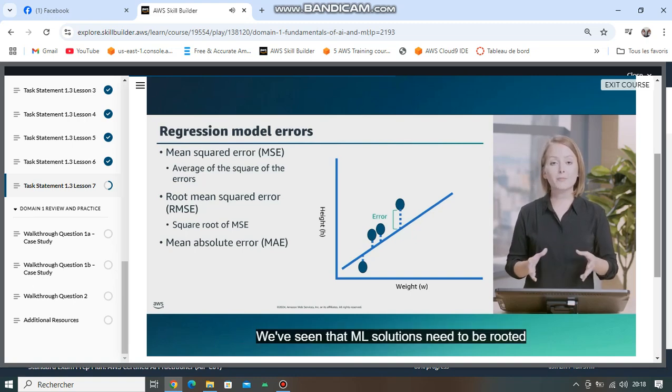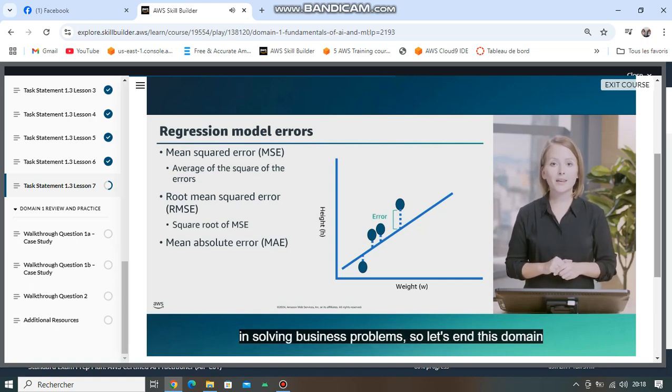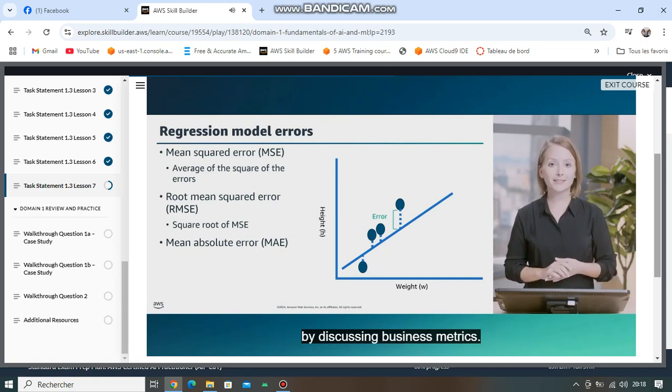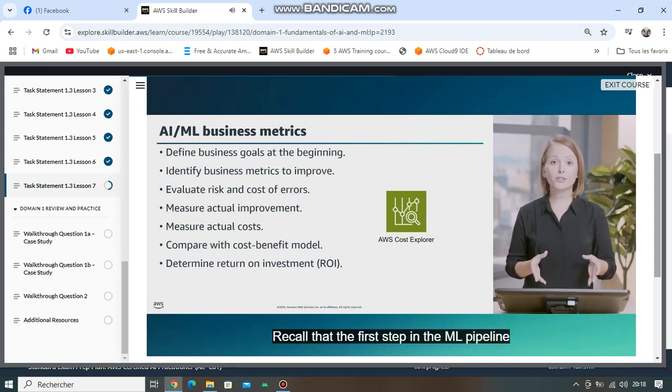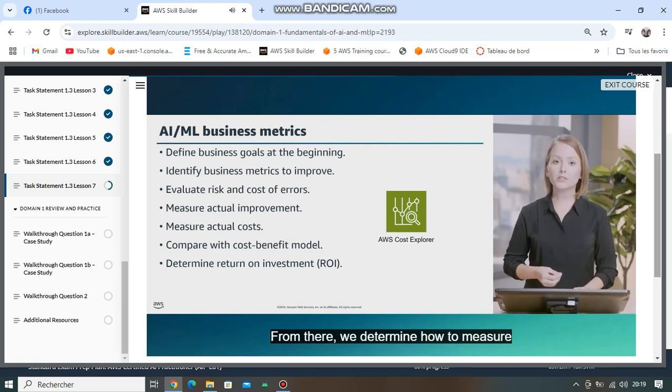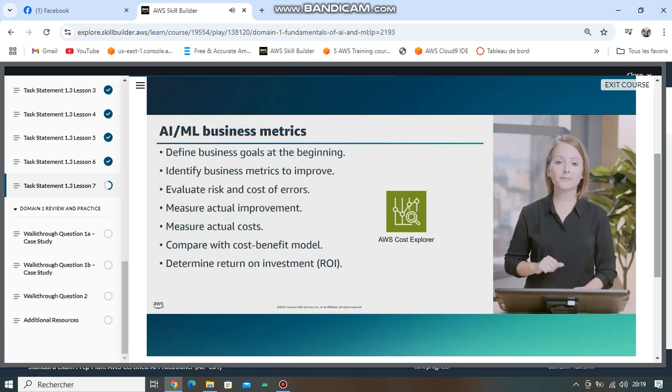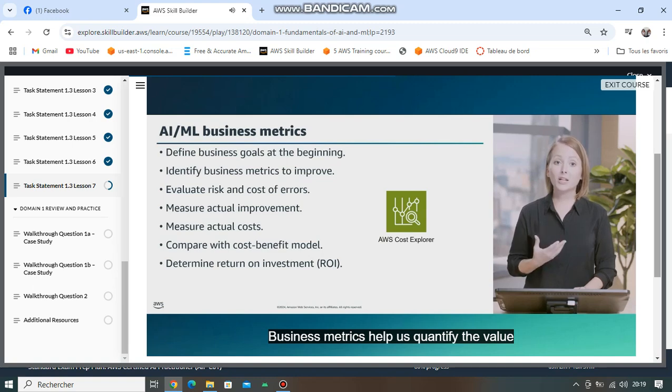We've seen that ML solutions need to be rooted in solving business problems. So let's end this domain by discussing business metrics. Recall that the first step in the ML pipeline is to define the business goal. From there, we determine how to measure successful achievement of the goal. Business metrics help us quantify the value of a machine learning model to the business.